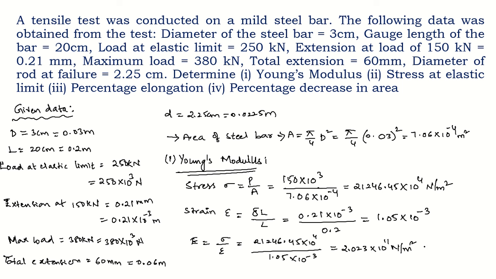Simply I can write this as 2.023 into 10 square into 10 power 9 Newton per meter square. So 2.023 into 100 is around 202.3. 10 power 9 Newton per meter square is called giganewton per meter square. You can stop till here also, no problem.